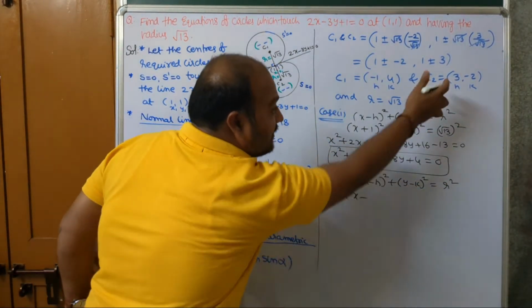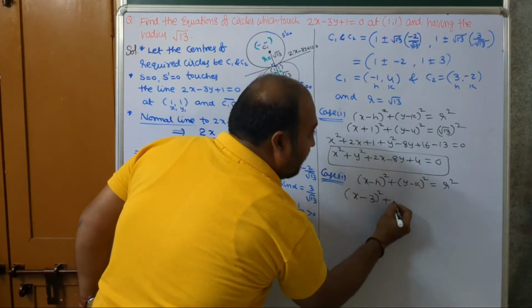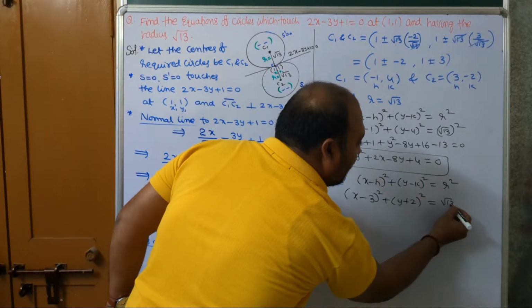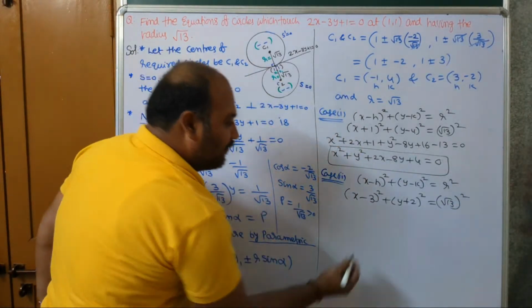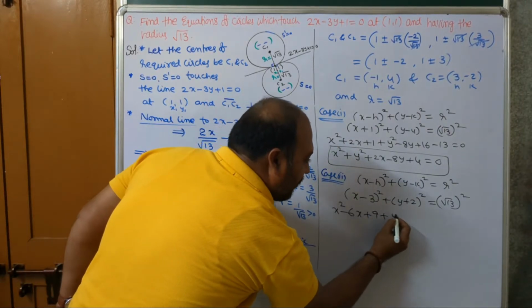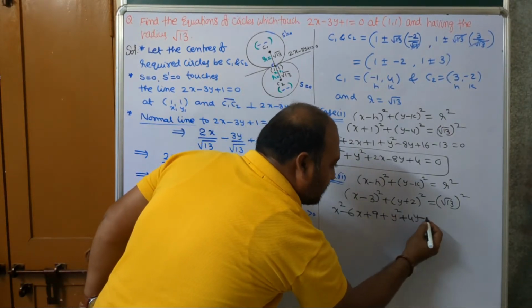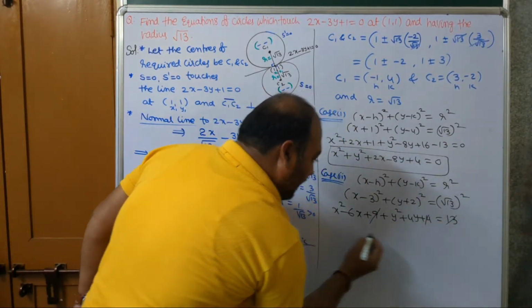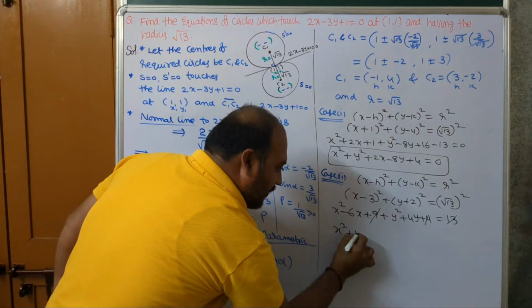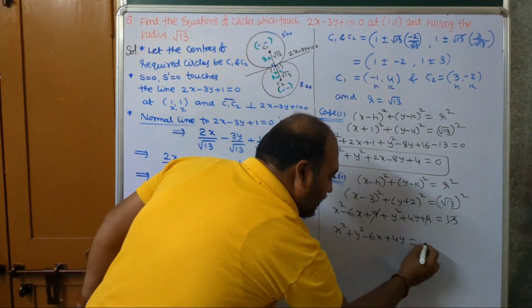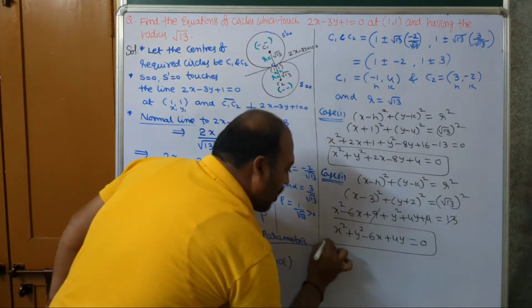So x minus 3 whole square plus y minus of minus 2 whole square equal to root 13 whole square. So x square minus 6x plus 9, y square plus 4y plus 4 equal to 13. So 9 plus 4 is 13, 13 gets cancelled. x square plus y square minus 6x plus 4y is equal to 0.